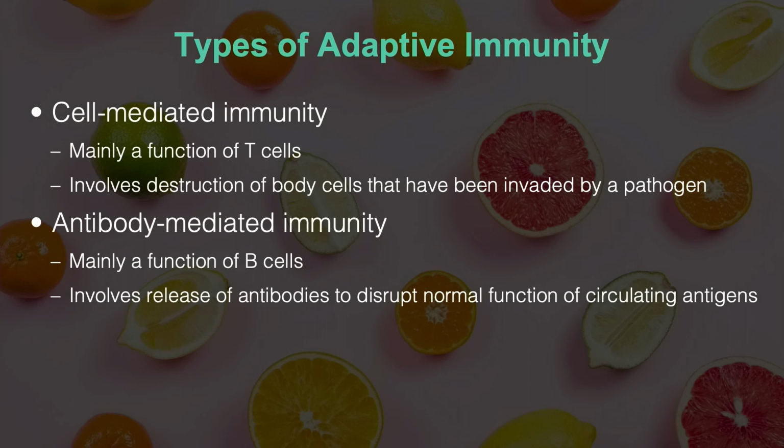Some cells might start to be infected, but both arms of the adaptive immune system will be activated. It's not just one or the other, both are activated similarly. It depends on how much of the antigen is circulating free and how much is within the cells, but by and large, it's not one or the other. Both happen.